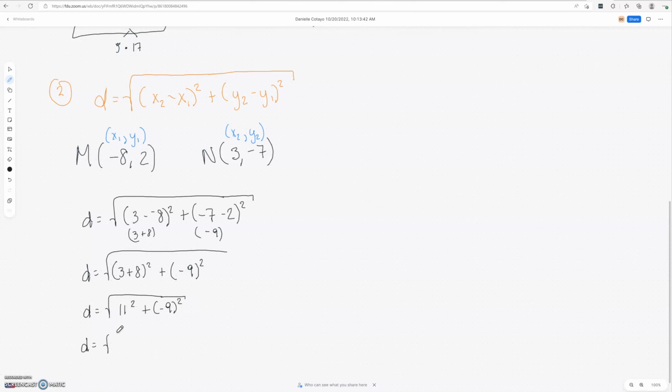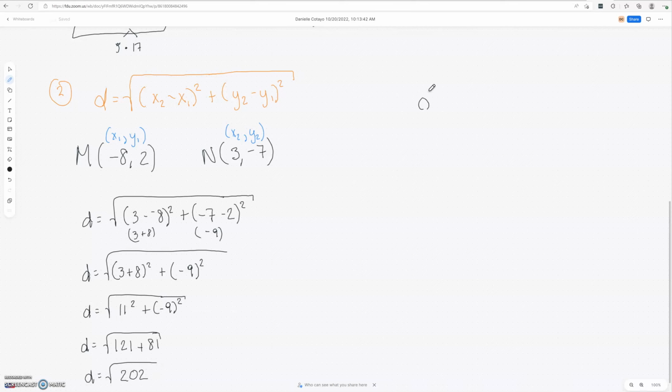So 11 squared is 121 plus negative 9 squared is 81. So my distance is equal to the square root of 121 plus 81, which is 202.